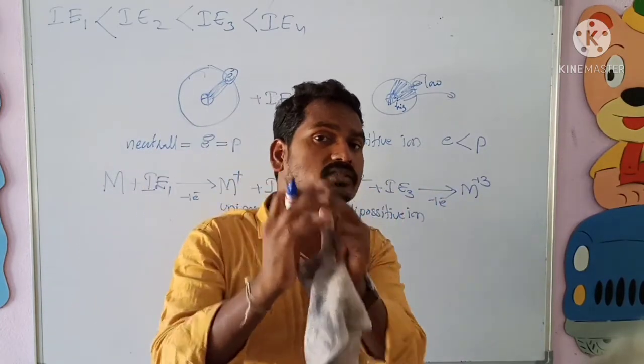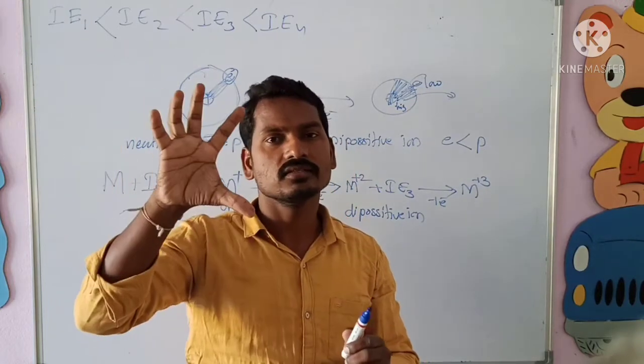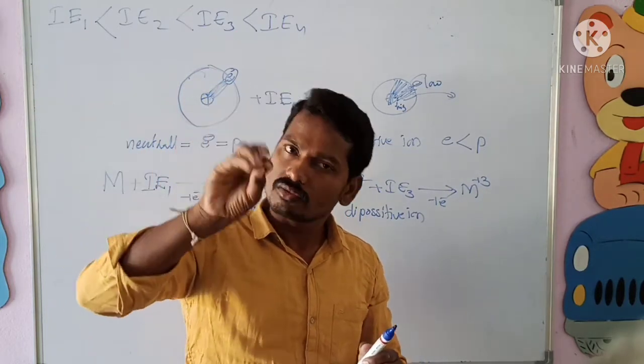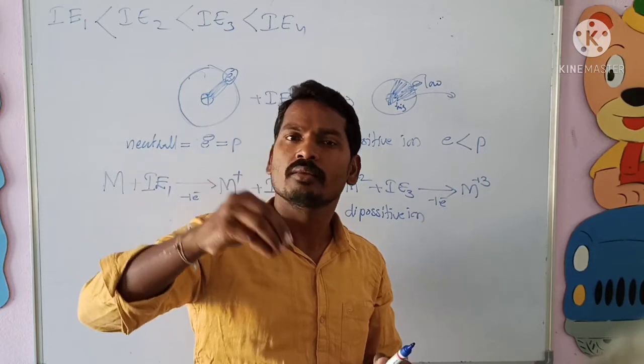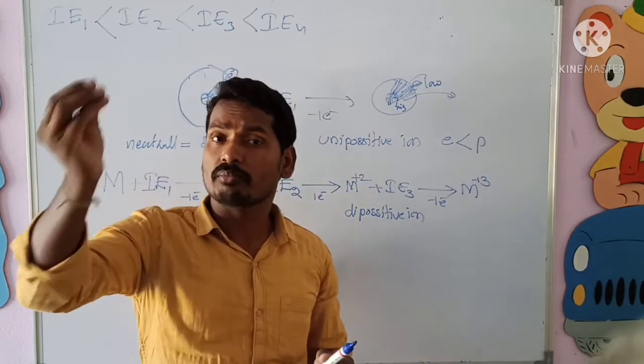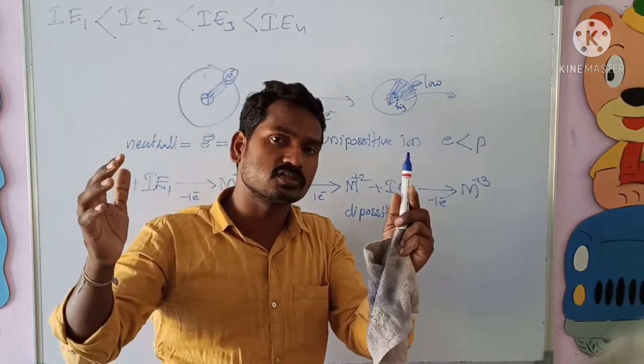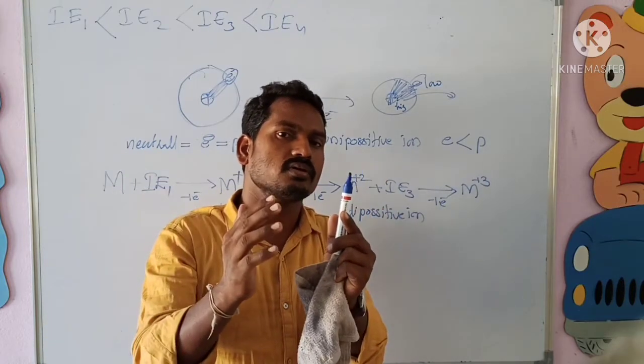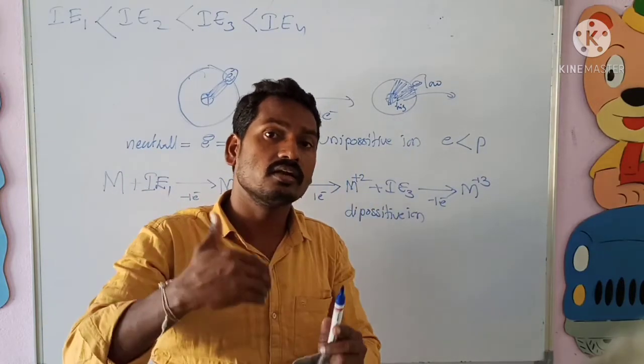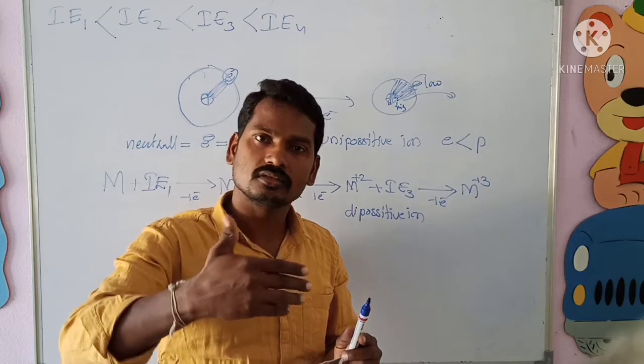Remove an electron, size decreases. Second time, one more decrease. Size decreases, attractions increase.